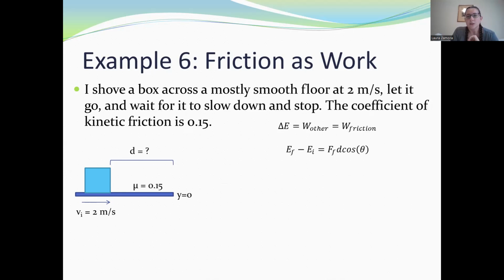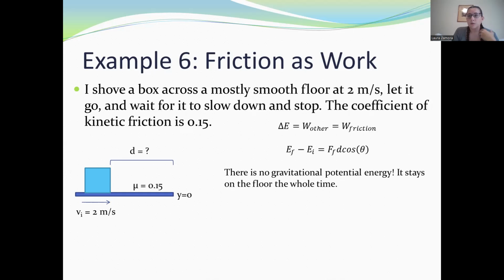So the change in our energy is not equal to 0, because there's work done by friction. The change in our energy is equal to the work of friction, which is force of friction times the displacement times the cosine of the angle between the force and the displacement.